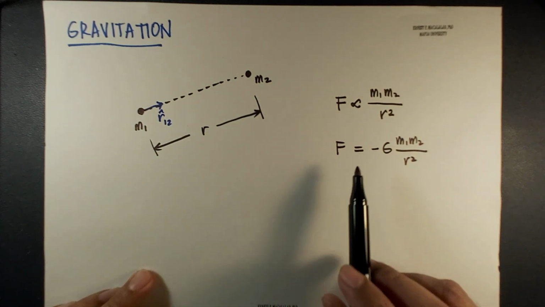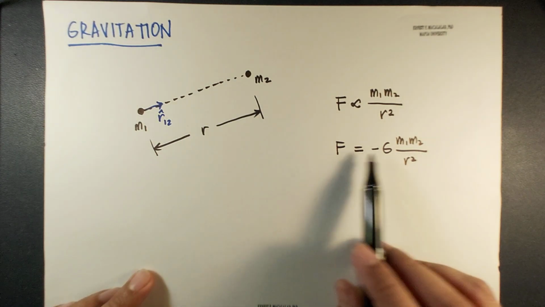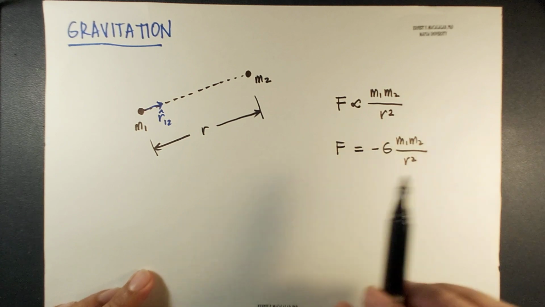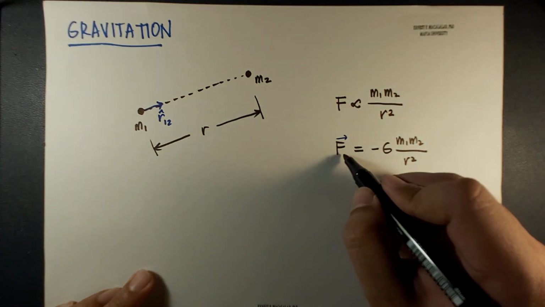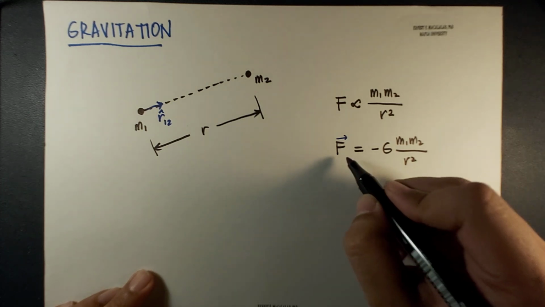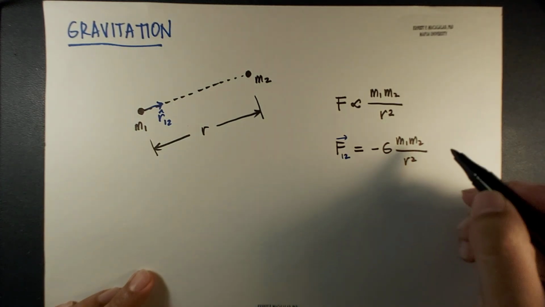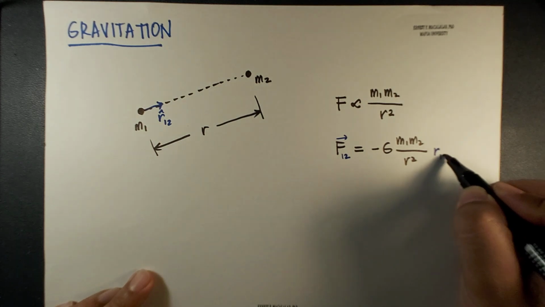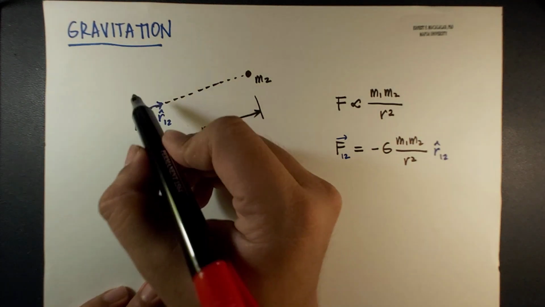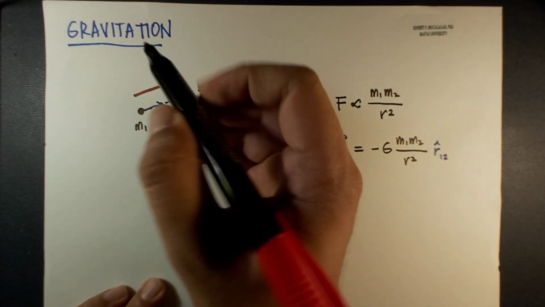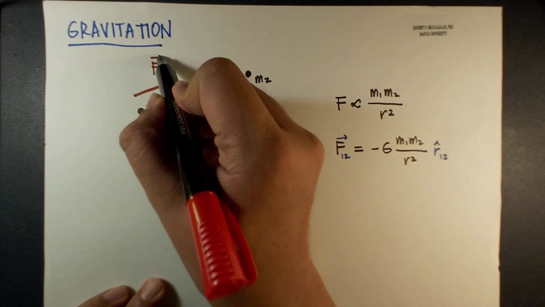Okay, so this equation, or this force, becomes a vector. Let's call this vector F12, and the unit vector would be r12 hat. If we draw this vector, we express it as this one. This is F12.